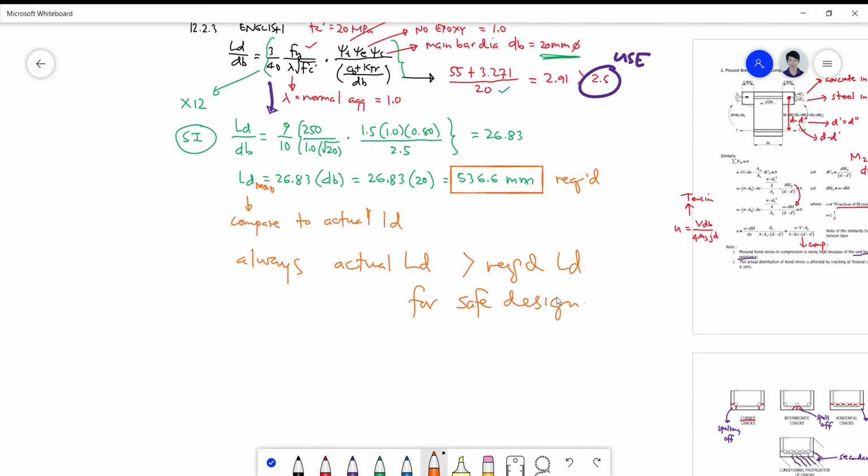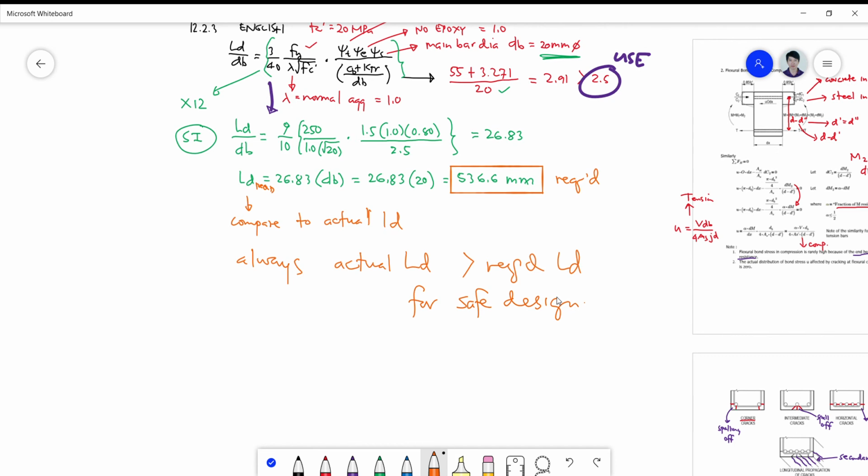The length must be greater than the required length of development, because it is much stronger if you increase the length of development. Let's say the required length of development is only half a meter, and you place there 1 meter, therefore there's no tendency for your reinforcement to be pulled out and to be causing splitting cracks. That's the reason why we have to check this.